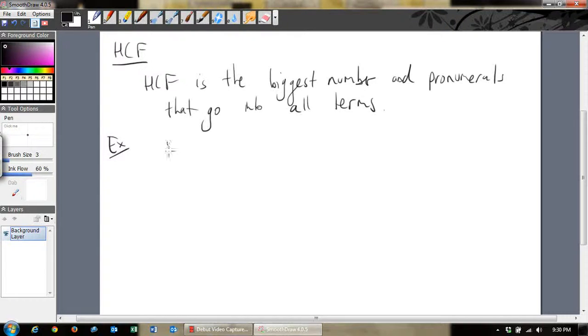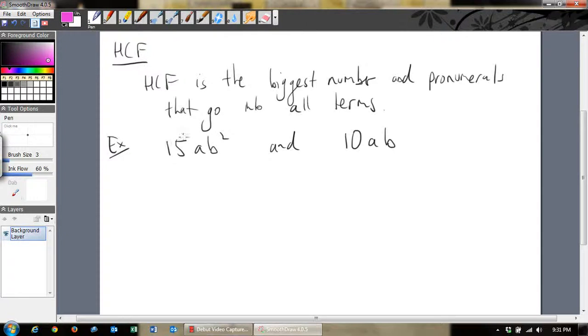Okay, so let's look at 15ab squared, and let's just say 10ab. Okay, so let's have a think what our factors are here. Let's write each of these in a factored form.